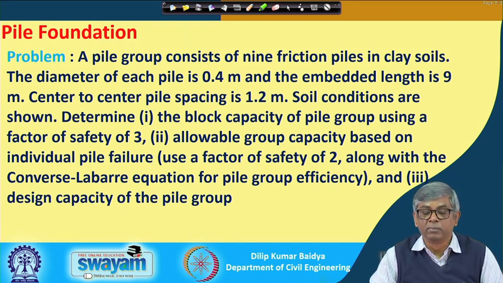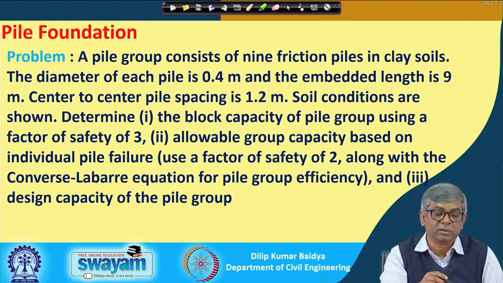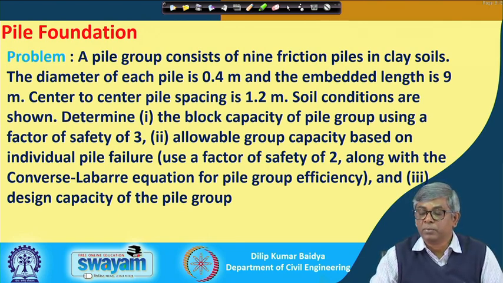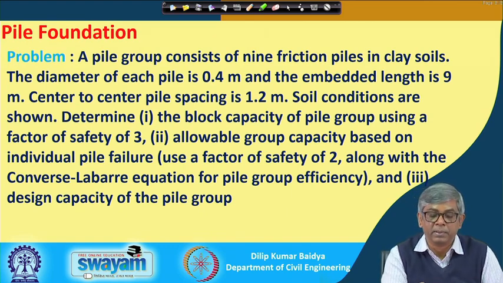Determine the block capacity of the pile group using a factor of safety of 3, and the allowable group capacity based on individual pile failure using a factor of safety 2, along with the Converse-Labarre equation for pile group efficiency.